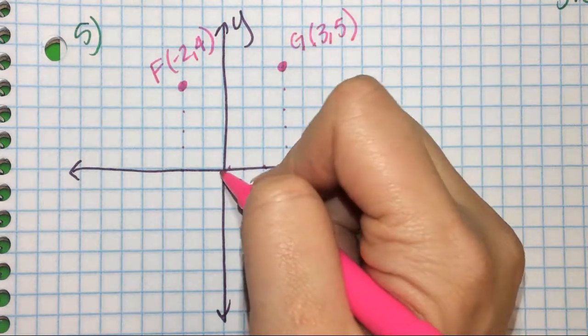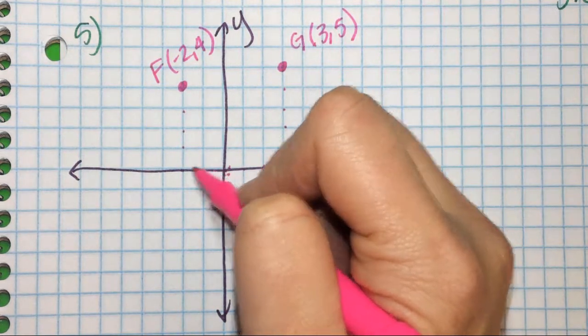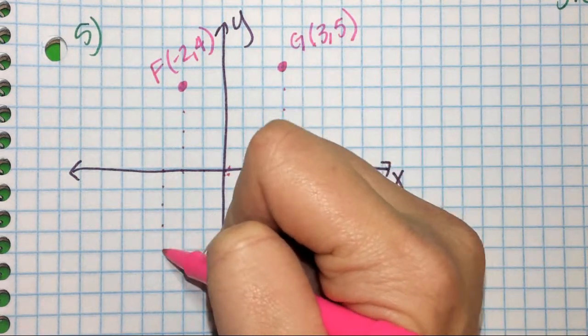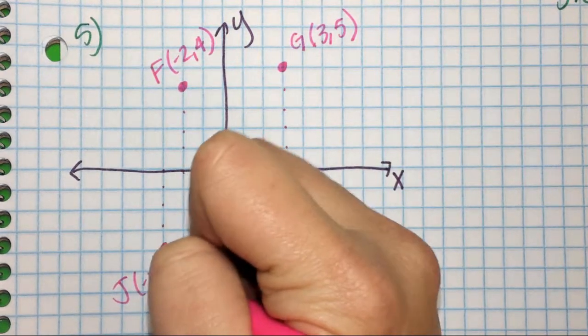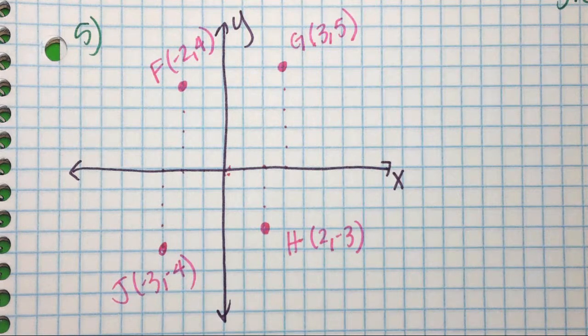And point J is at negative 3, negative 4. So you go left 1, 2, 3, down 1, 2, 3, 4. And you can make your parallelogram. It's magic.